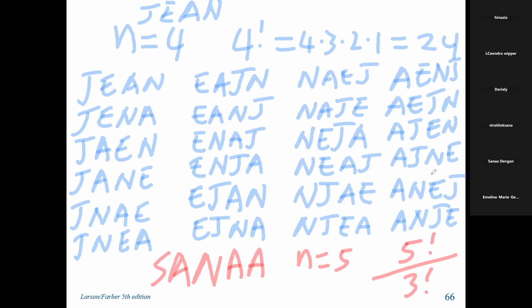All right, I get it. Let me see the name of LC Wondra, same thing here, 7 factorial. That gives you 5,040. All right, good.